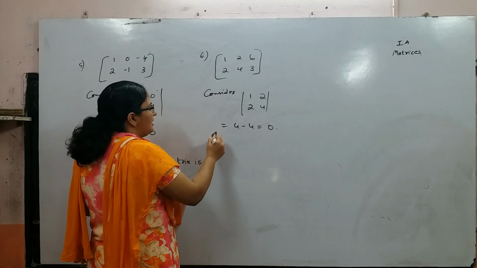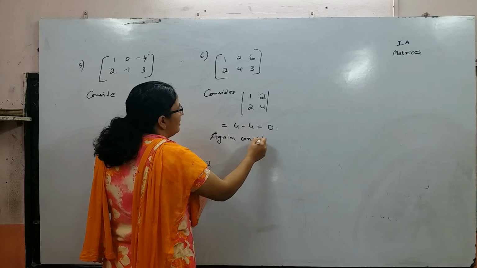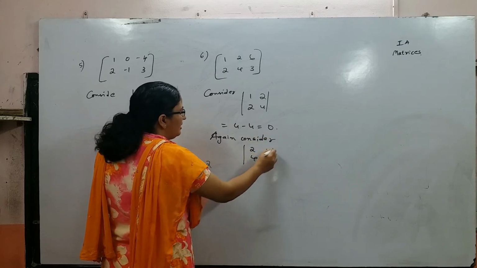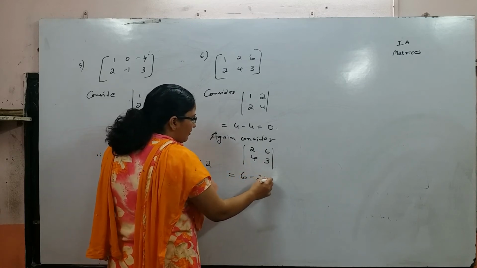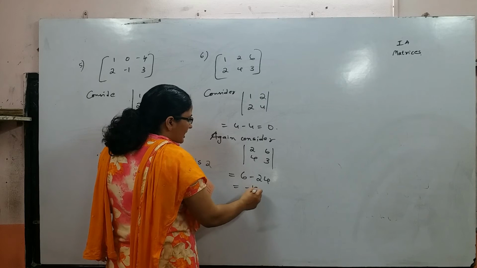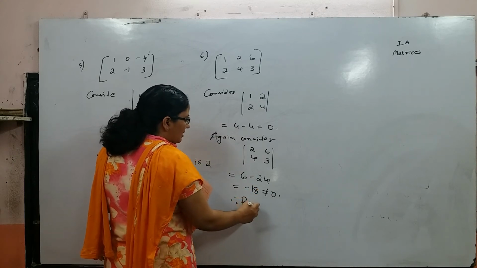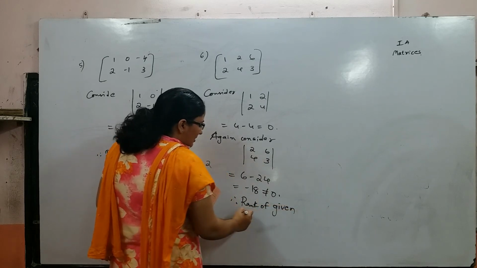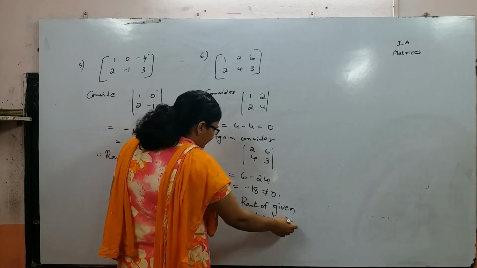Next consider 2 6 4 3. This will give you 6 minus 24, which is minus 18, not equal to 0. Therefore, the rank of the given matrix is 2.